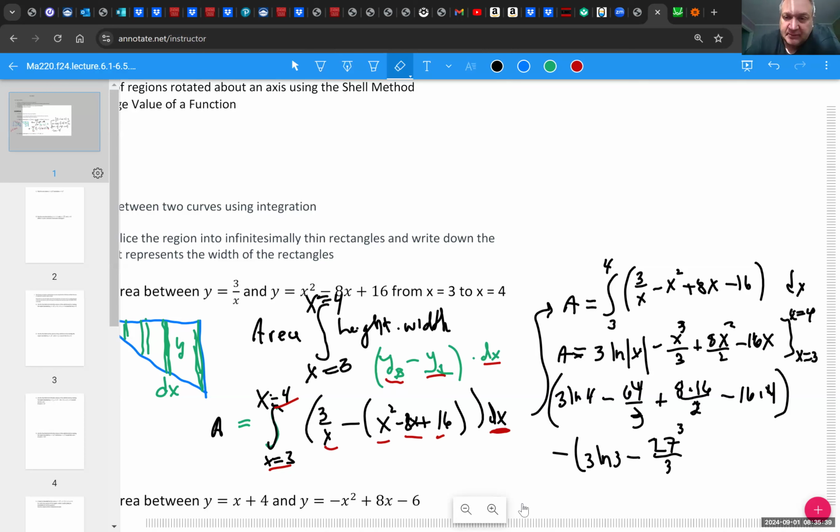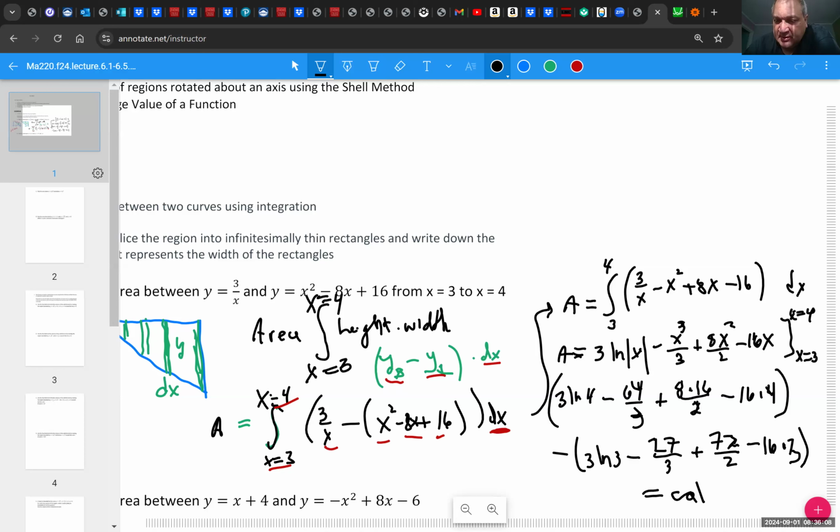So let me just write this so it's not an error, so that people will not get the wrong answer when they're copying what I'm doing. X cubed over 3 is 27 over 3, and this is plus 8 times 9, which is 72, over 2. And then finally minus 16 times 3, which I think is 48. Anyway, then you just plug that into a calculator and get your answer.